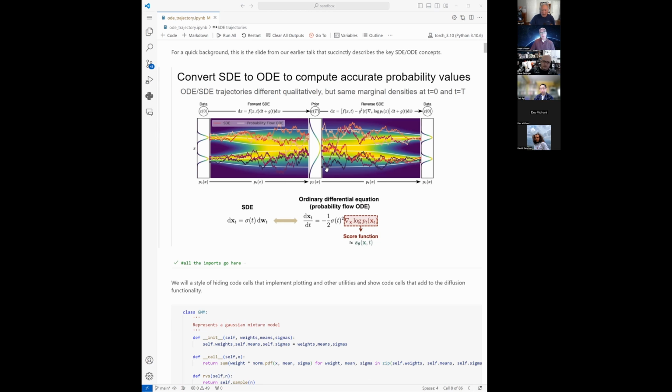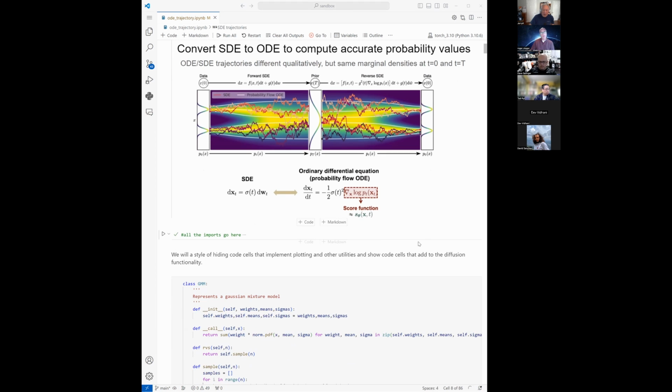Yeah, Dave, I was just asking the question. The white lines that come from using the score function to go from prior to data, I called those probability flow, and I just want to double check that I was using it right. Ted says he thinks that is the correct term.